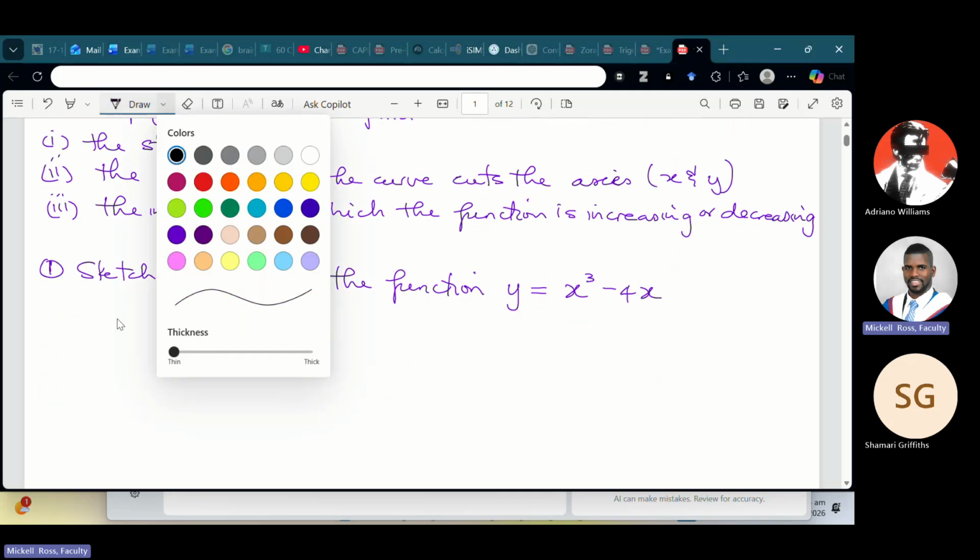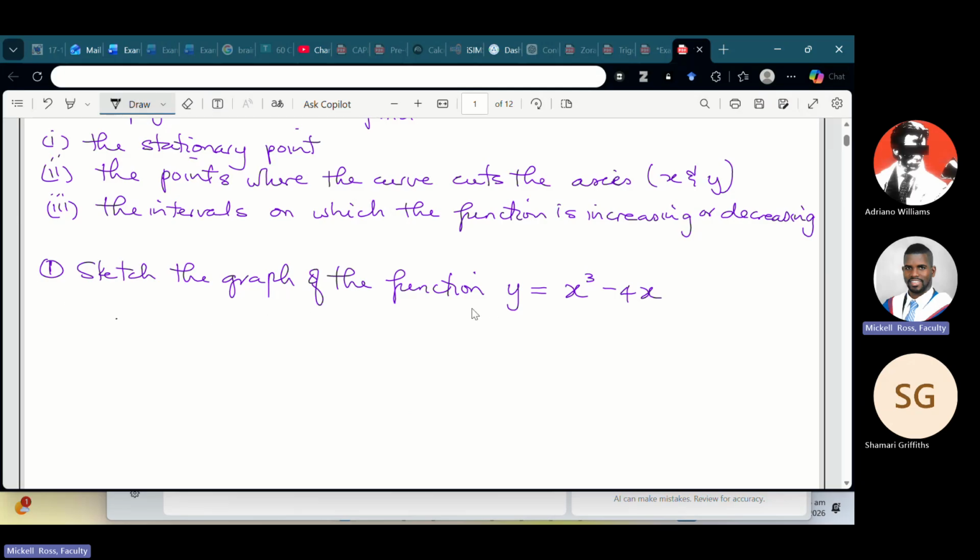So one of the things we can do is that the x-intercept occurs when y is equal to 0, and the y-intercept occurs when x is equal to 0.